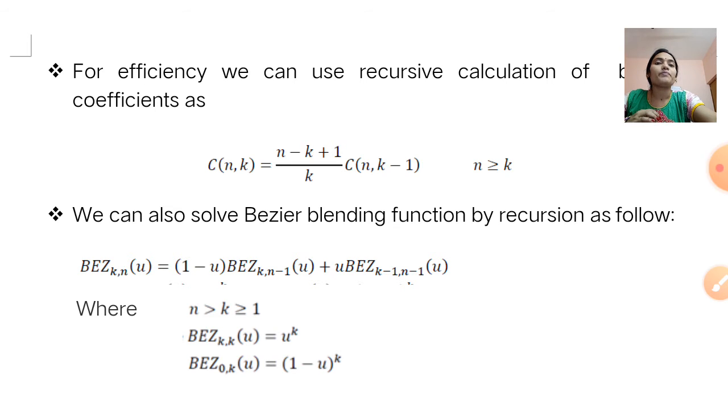BEZ(k,n)(u) equals (1-u) into BEZ(k,n-1)(u) plus u into BEZ(k-1,n-1)(u), where k ranges between 1 and n, and BEZ(k,k)(u) equals u to the power k, and BEZ(0,k)(u) equals (1-u) to the power k.